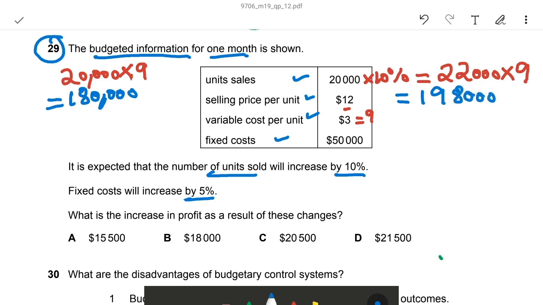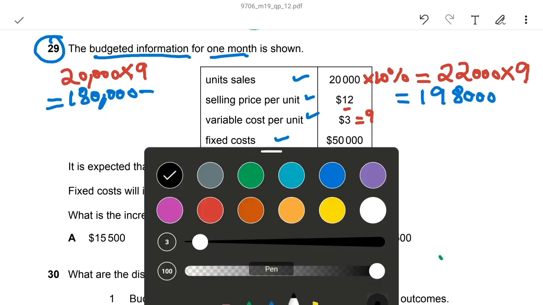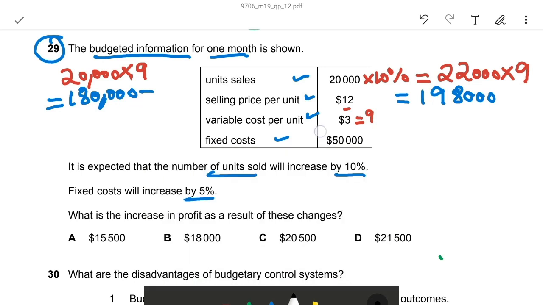Then minus fixed cost. What is the fixed cost? Fixed cost is 50,000. The old profit is 130,000.